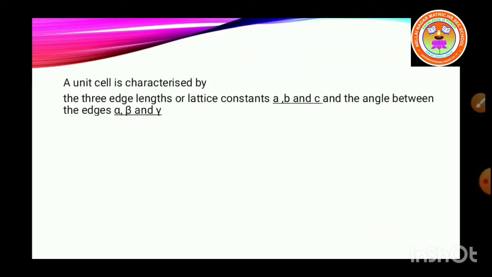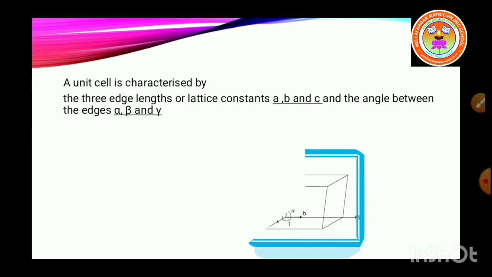The next one is, see here, a unit cell is characterized by 3 edge lengths or lattice constants. What are the lattice constants? They are represented by a, b and c. And also the angles between the edges are represented by alpha, beta and gamma.